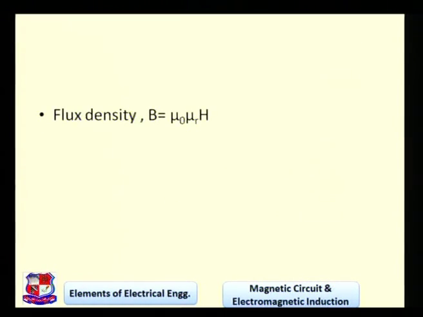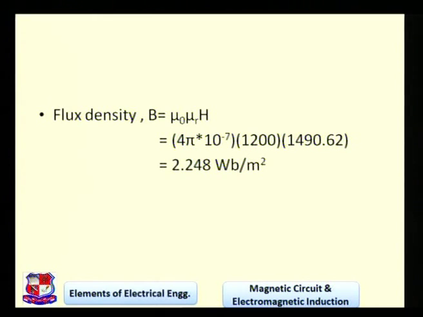So here we derived the relation B is equal to mu 0 mu r into H. It means the density is equal to the permeability into intensity. We found that intensity is 1490.62. Putting the values of these three quantities, we can find the flux density, which is 2.248 Weber per meter square.